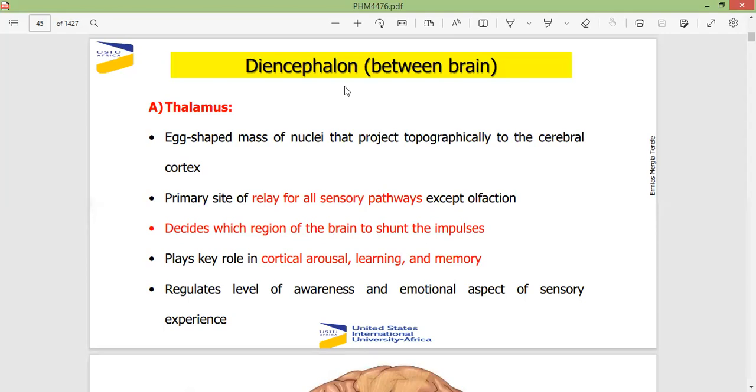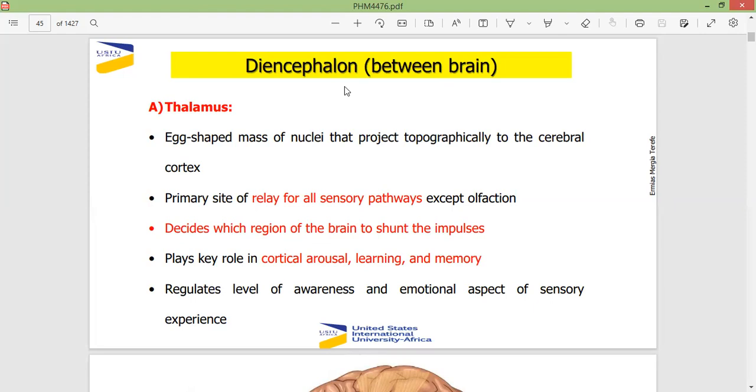When you're sleeping in class and the lecturer mentions your name, you will wake up. Why? Because the thalamus has deemed that this particular information is relevant. This is key. This information has to reach the cerebral cortex.